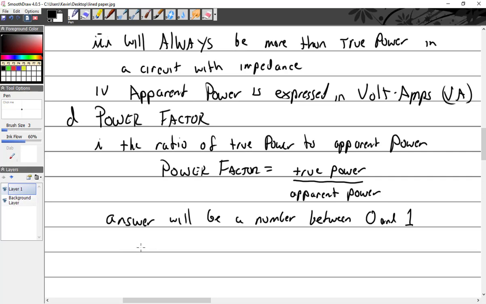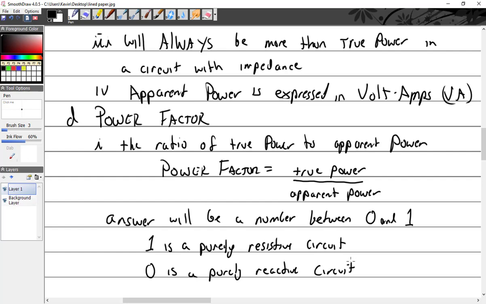You're wrong. So 1 is a purely resistive circuit, and 0 is a purely reactive circuit.